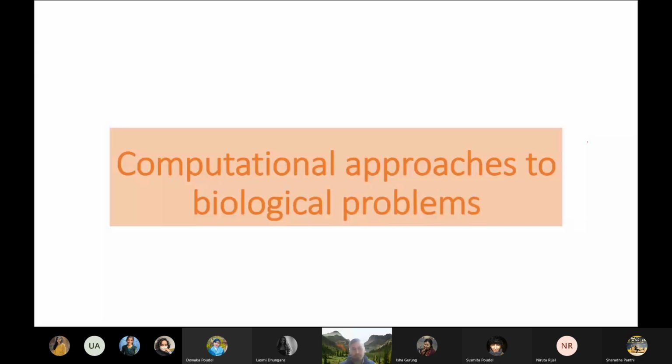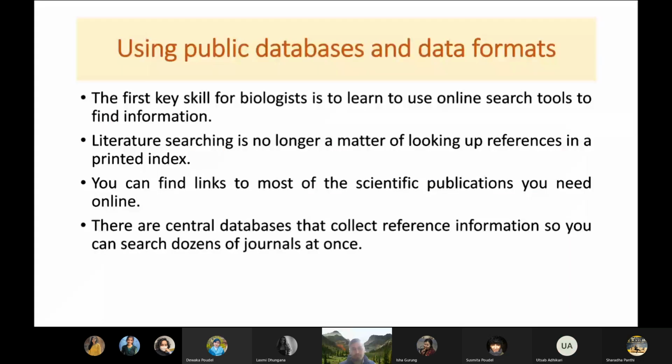identify. So the first is using public databases and data formats. One of the first skills of a biotechnologist or biologist is to learn the online search tools to find information, because most of the journals these days publish their weekly, fortnightly or monthly subscriptions in online format. In the past, students had to physically go to the library and start searching for the literature in the different indexes.